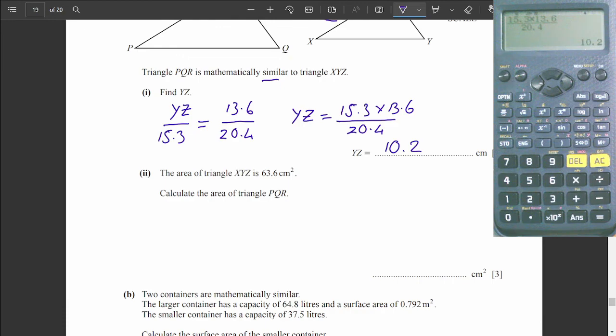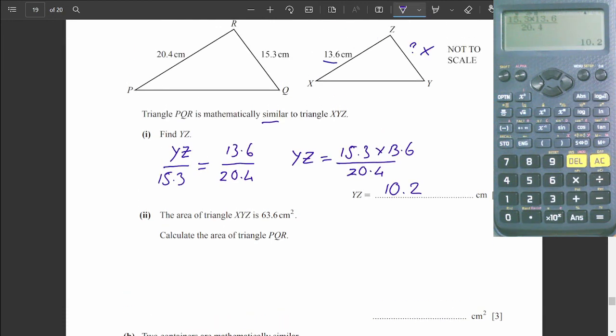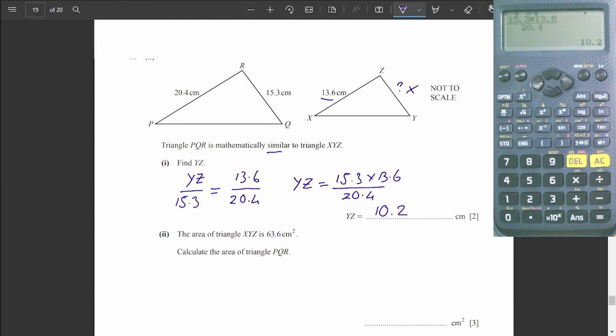Right, part 2. Let's have a look at that one. Okay, they now tell us that XYZ has an area of 63.6 centimeters squared, and we need to find the area. Let's make it X of the bigger triangle.